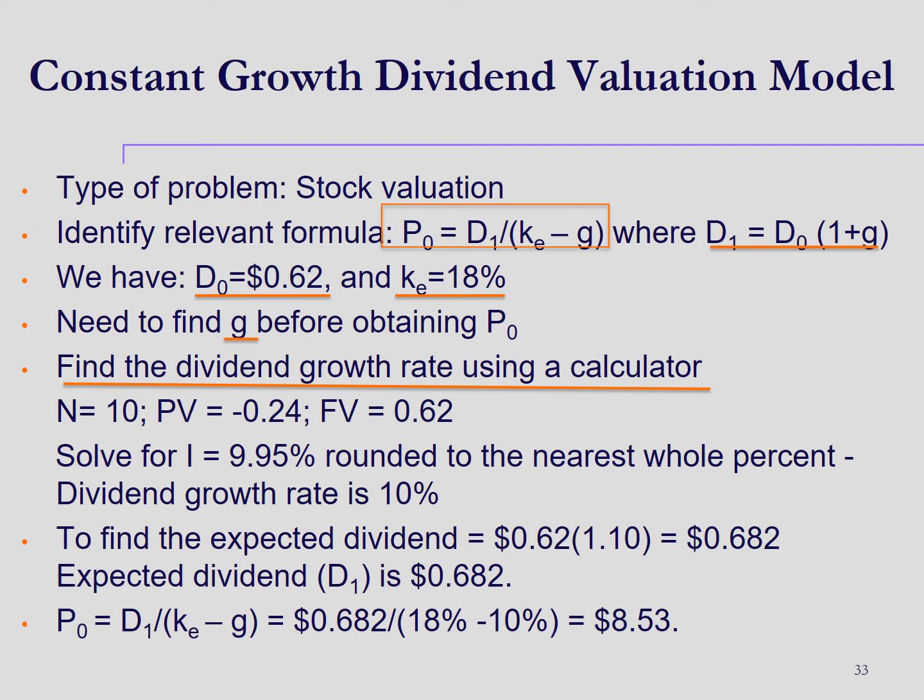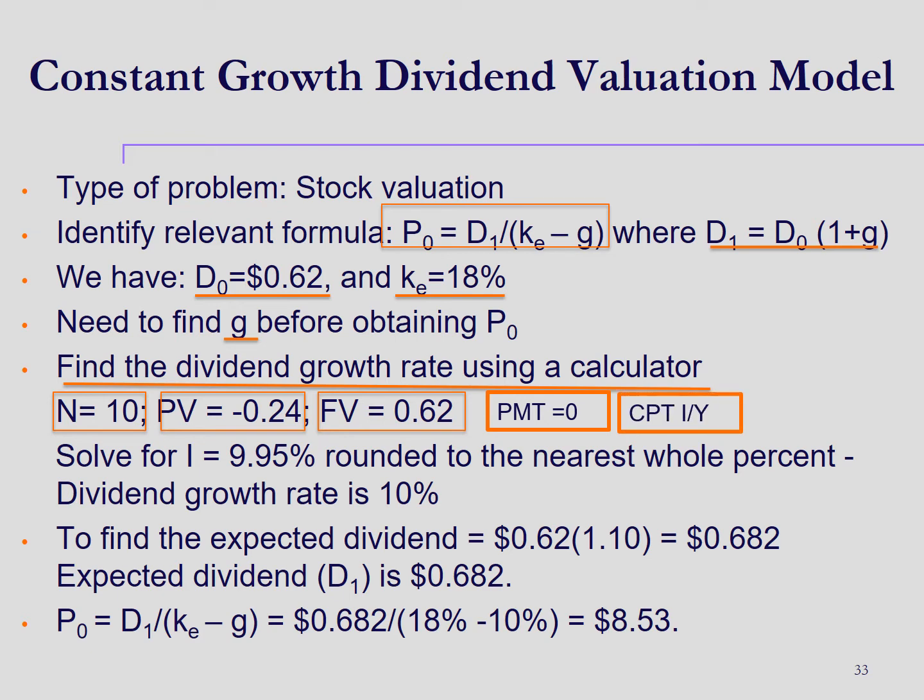the interest rate. We have the number of investment periods n equal to 10, the present value equal to 24 cents, a cash outflow, the future value equal to 62 cents, the payment equal to 0. Compute the interest rate.